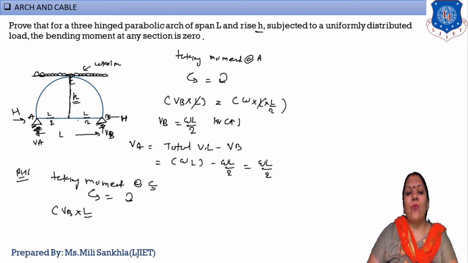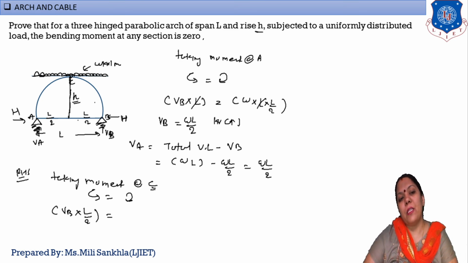Then this H rotates anti-clockwise, and this rotates clockwise, and this is also rotating clockwise. So write on the clockwise side H into the height H. H is the horizontal force and the vertical height is H, and this is the clockwise moment.